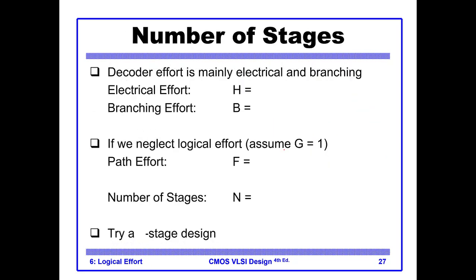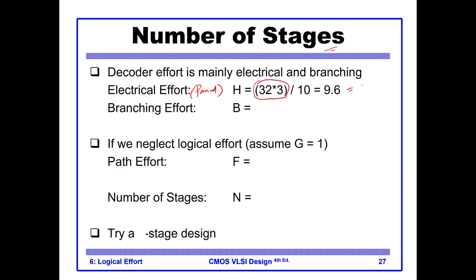So let's start with the information that is available, and the first thing we want to answer is the number of stages that we want to use. We start with the electrical effort, also called fan out, of the overall circuit, which is 96 as the load at the output.